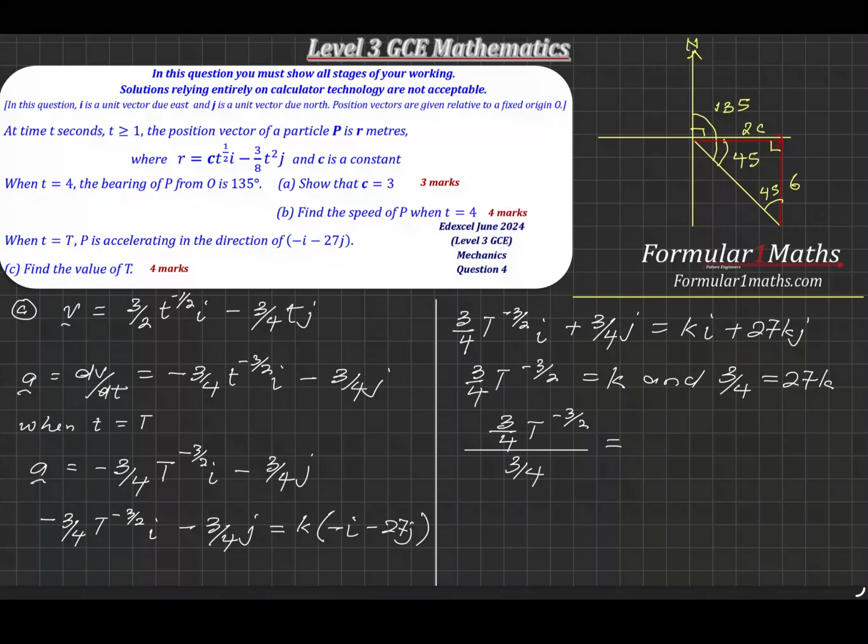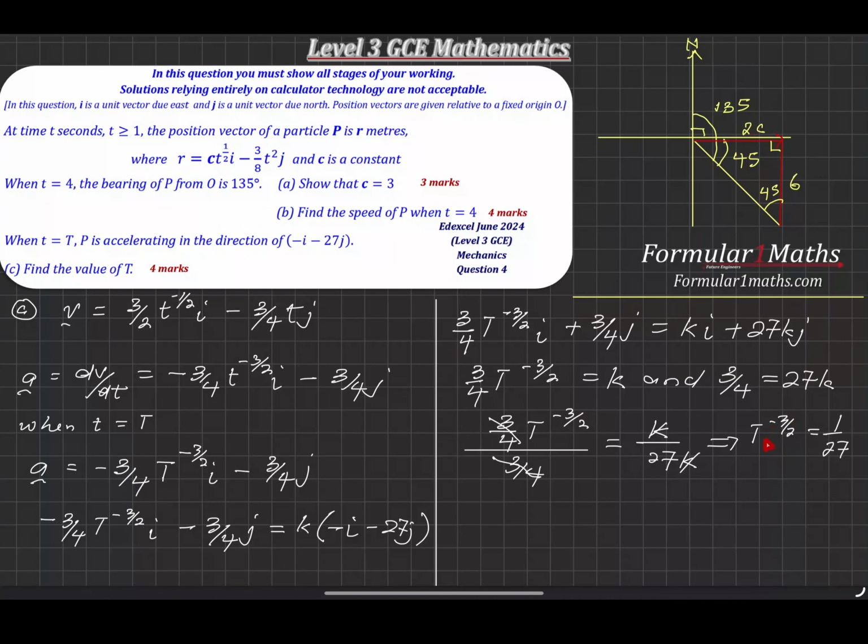That must be equal to k over 27k. And now you can see that this will cancel that, and then k will cancel k. So this implies that I have T^(−3/2) is equal to 1/27.